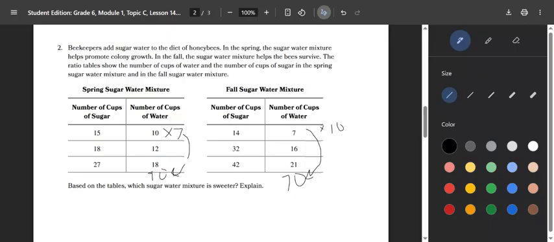Then to make the equivalent ratio, I just have to go to the other part of the ratio and do the same thing that I did to the first part. So where I multiplied this 10 by 7, I'm going to multiply this 15 by 7. And 7 times 15 is 105.